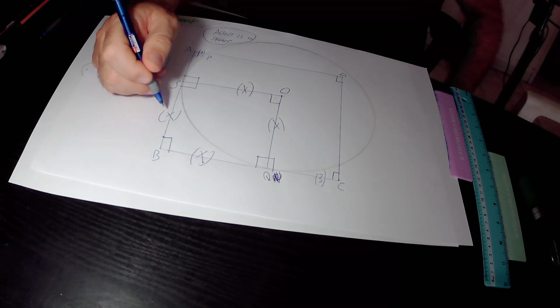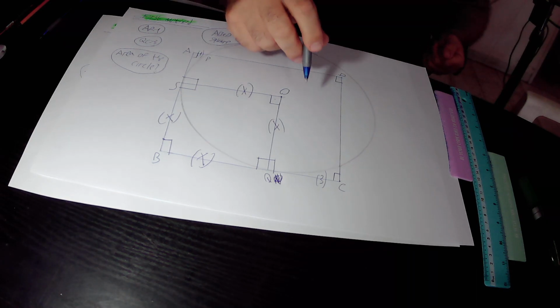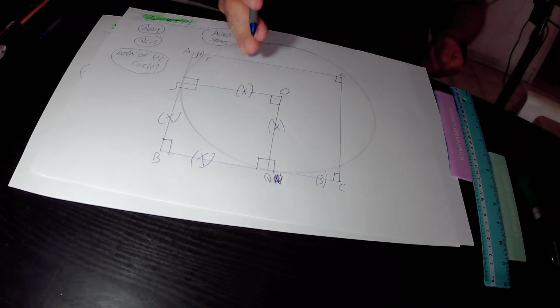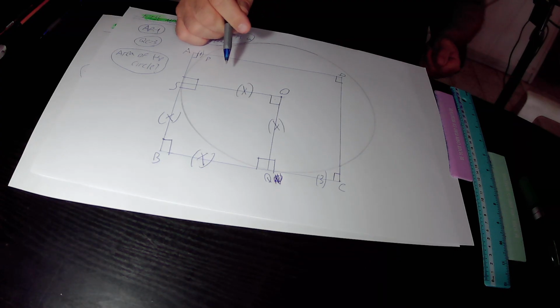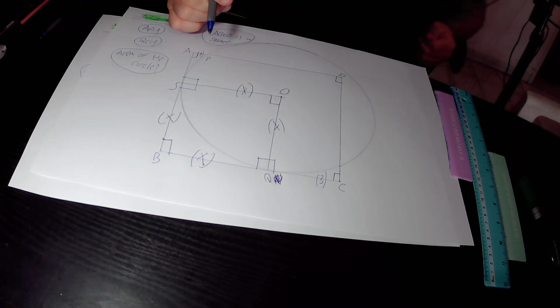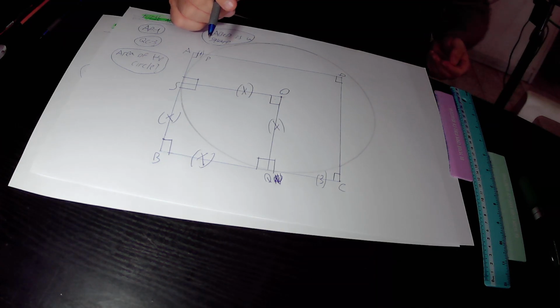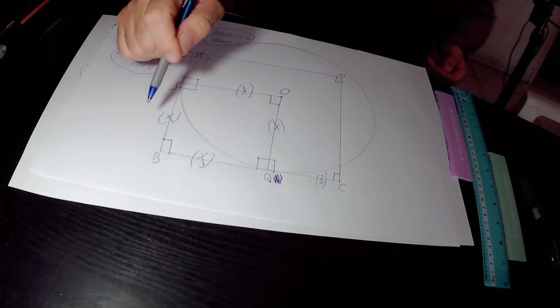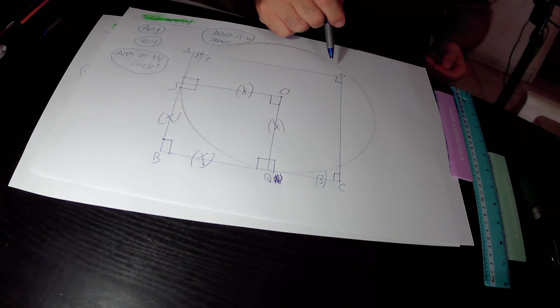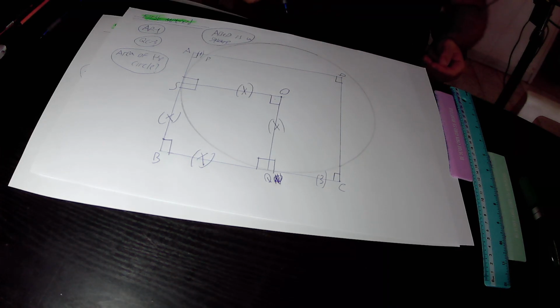So actually, we found out that quadrilateral SOQB is not just a rectangle but a square. Why? Because all of its sides are equal to each other. Each side of this square equals x. We also know that all the sides of any square are equal to each other. So in square ABCD, side AB equals side BC equals side CD equals side DA.